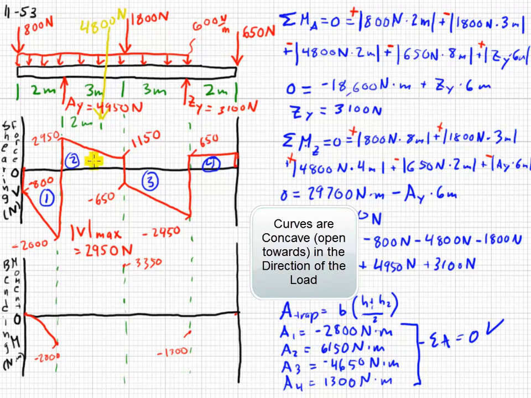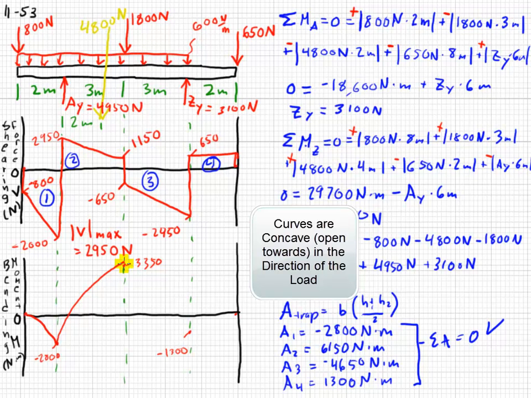And even though this is a positive area, the load is still going down. So you see that the shear force is going down. So these are negative slopes, which means we will have a concave down bending moment.